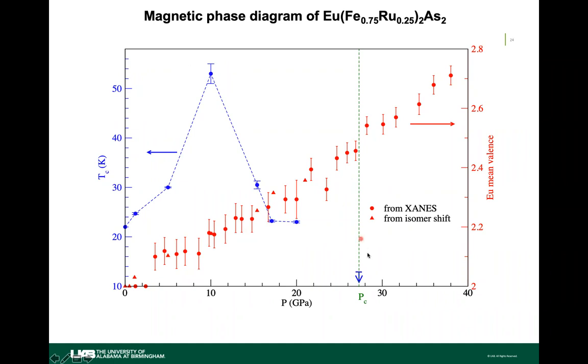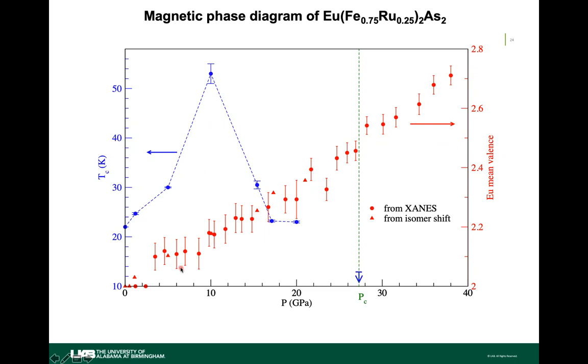And it seems there is correlation, or the critical pressure, based on the Mossbauer data, is around 27 GPa also. And around this pressure, the valence is about 2.5. So that's pretty dramatic.